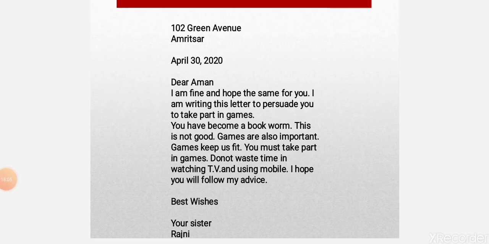Now it's clear that you will write 102 Green Avenue, Amritsar, April 30, 2020: address, date, Dear Aman. Aman's name is mentioned in the heading, so you will use that name. Dear Aman, I am fine and hope the same for you. I am writing this letter to persuade you to take part in games.